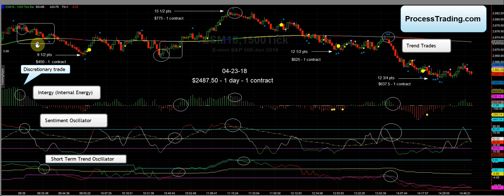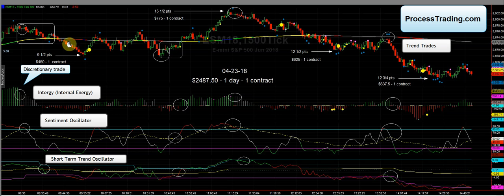And within this rectangle, on any of these bars, you could have taken a trade to the short side because of these indicators over here and their interpretation. So you would have been good to take any of these, and you would have come down to this point.